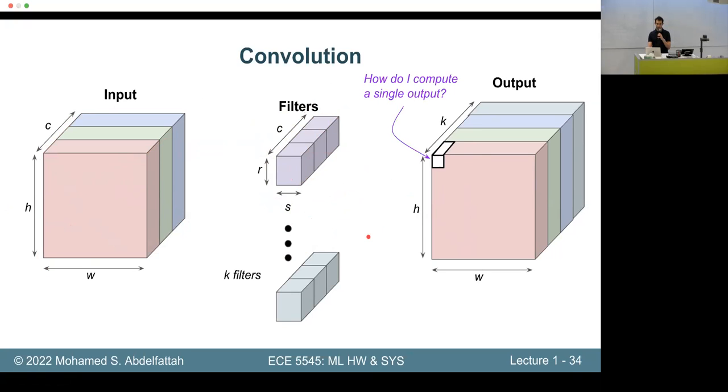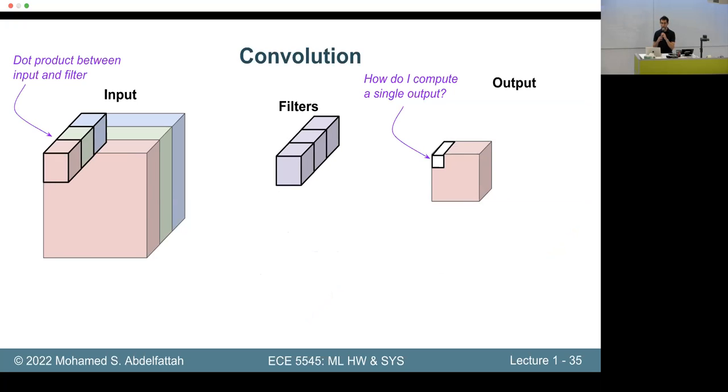So how do I perform a convolution? How do I compute a single output of that convolution? It's basically a dot product. We've already looked at dot products in the single neuron view of neural networks. This is simply a dot product between a piece of the input that has the same shape as the filter and the filter.